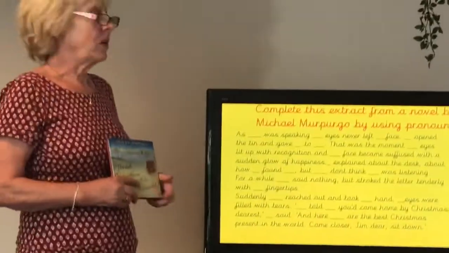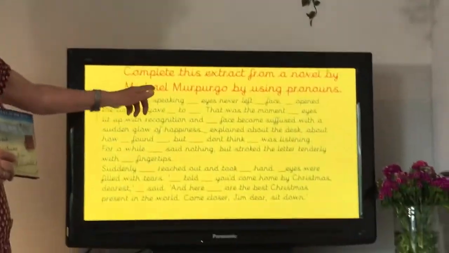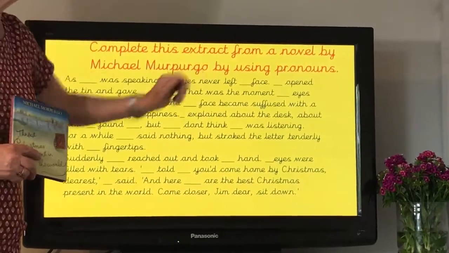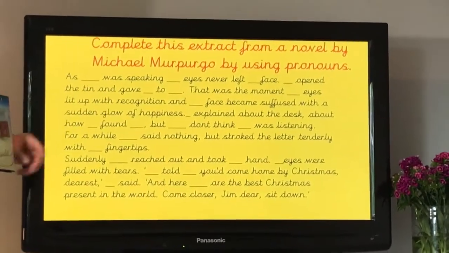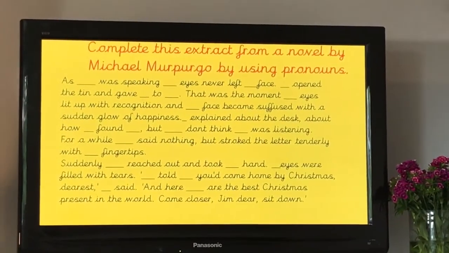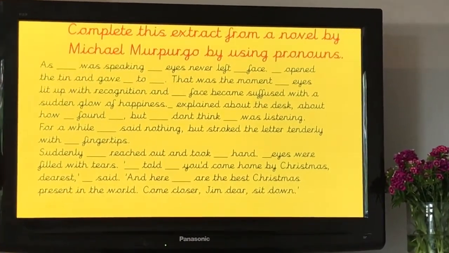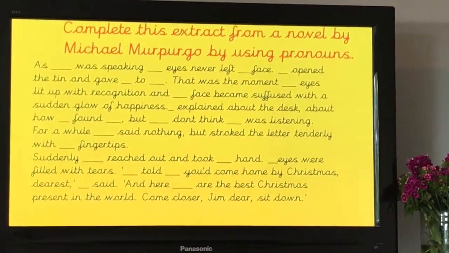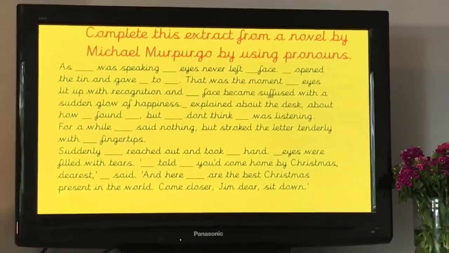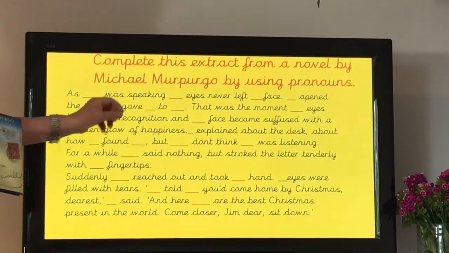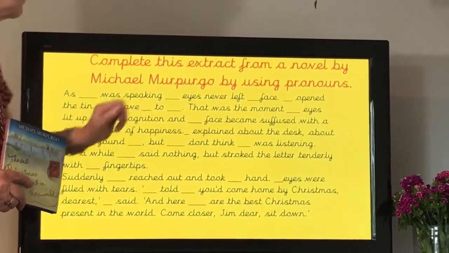Welcome back. So it could have been: As she was speaking, her eyes never left his face. She opened the tin, he opened the tin and gave it to her. That was the moment her eyes lit up in recognition and her face became suffused with a sudden glow of happiness. He explained about the desk, about how he found it, but he doesn't think she was listening.